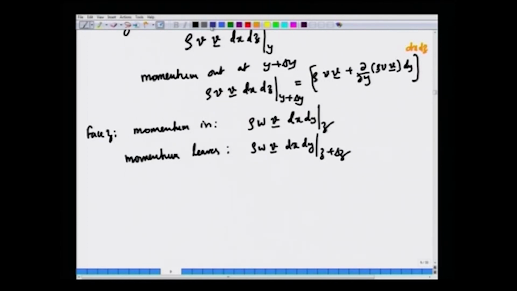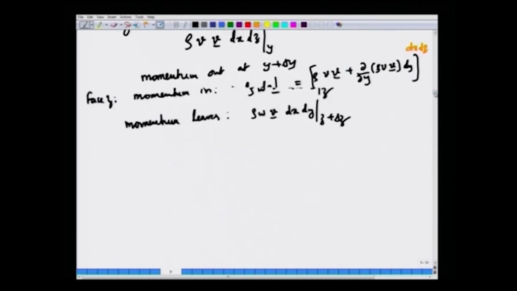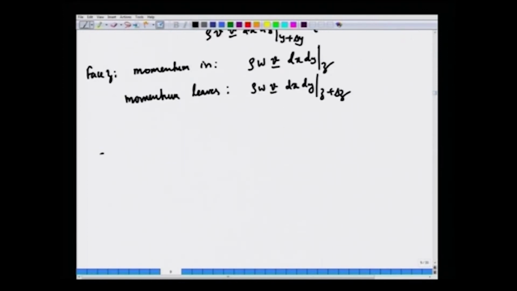The sum of all forces acting on the CV is equal to d dt of rho v times delta v plus rho u v times dy dz.